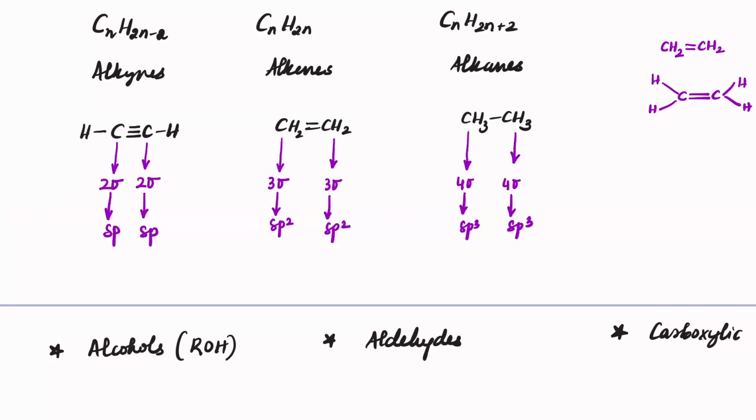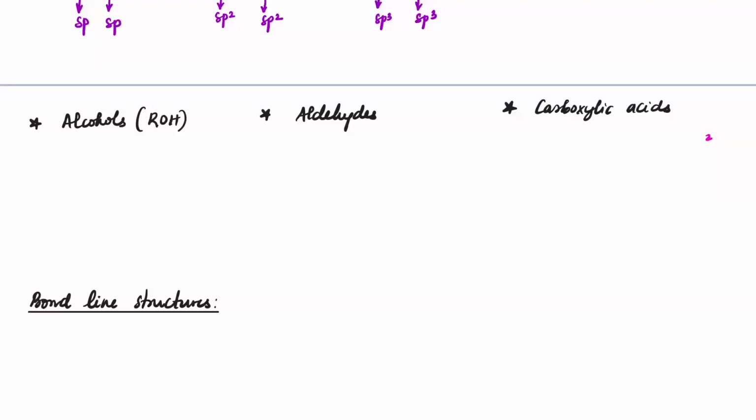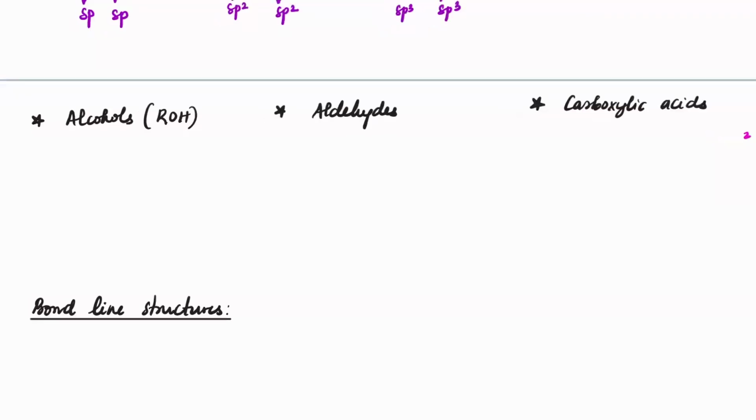There are a few important functional groups of organic compounds, like alcohols, aldehydes, and carboxylic acids. Alcohols typically look like this: CH3, CH2, OH is ethanol. Here the carbons are all connected like this, and oxygen has two lone pairs on it.